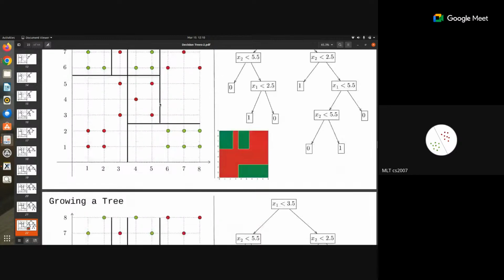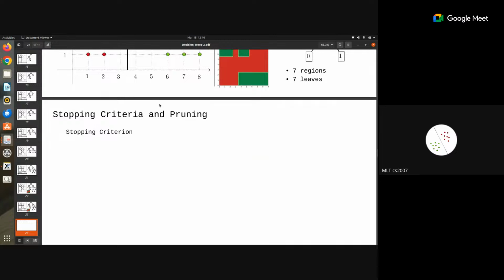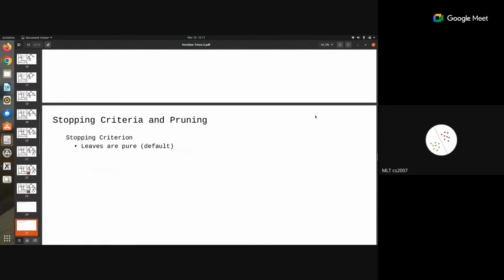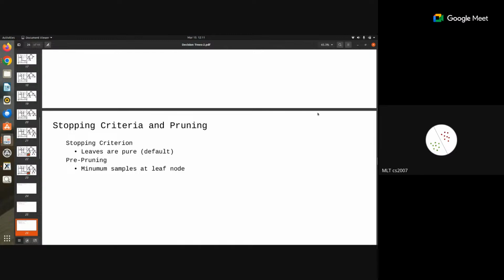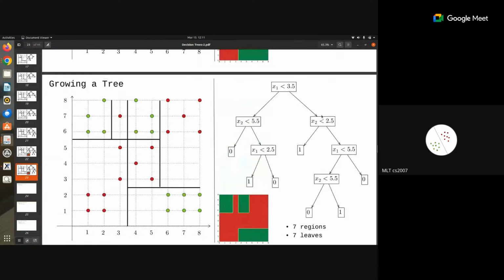So what to do in this case? We'll have to stop at a certain point of nodes, because these were very small trees, but it is possible that you can grow a very big tree. What is the depth in this case here?